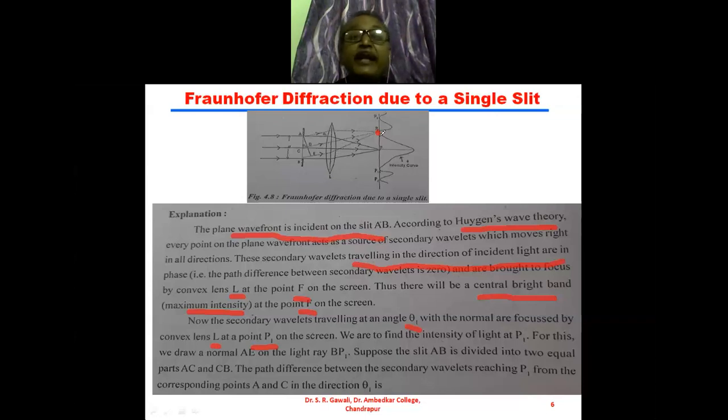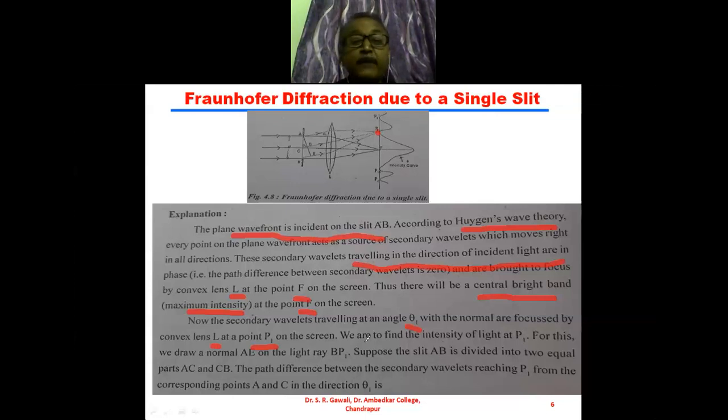So at the point P1 we get maximum intensity or minimum intensity. We get a bright band or dark band depending upon the path difference, or phase difference, between these secondary wavelets.